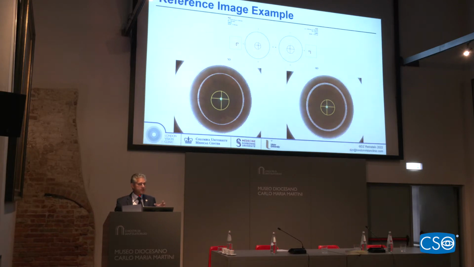So if you're doing refractive surgery, if you have this display in front of you in the OR, your machine might think that it grabs the vertex or the correct location, but you can verify it visually like this. It's like a double check.